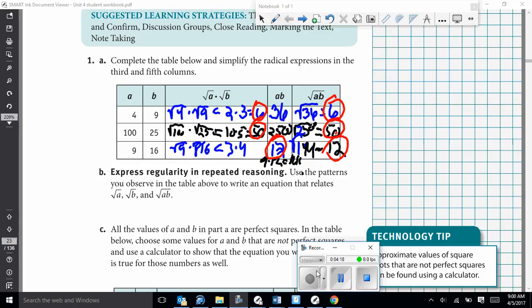Pattern. How can we write what we observe up here as an equation? That's it, yeah. So what we got for this column equals this column, and so we can just make the statement that they are equal.